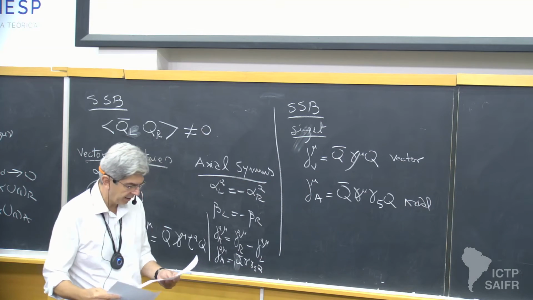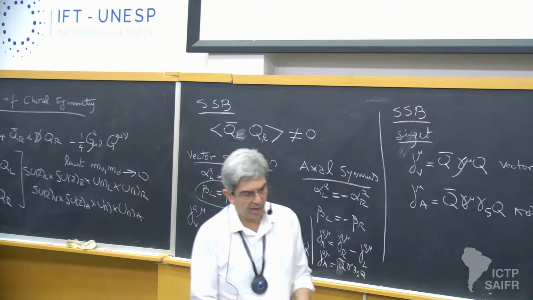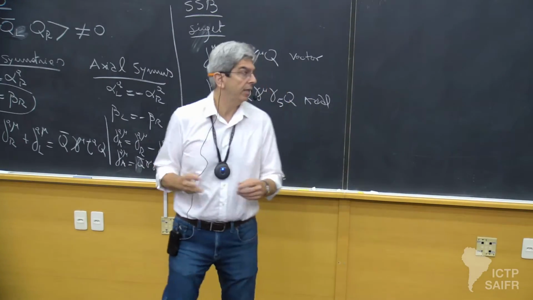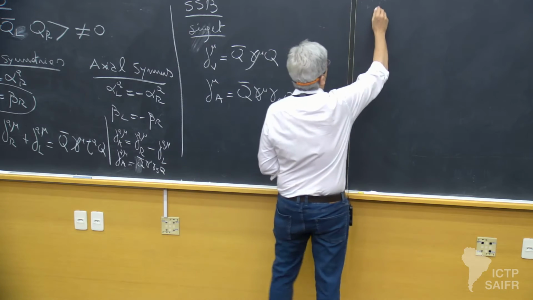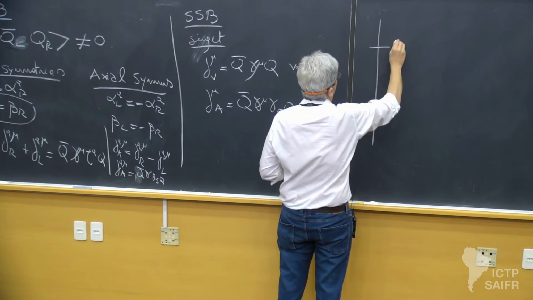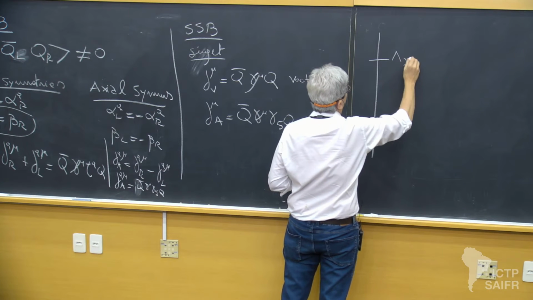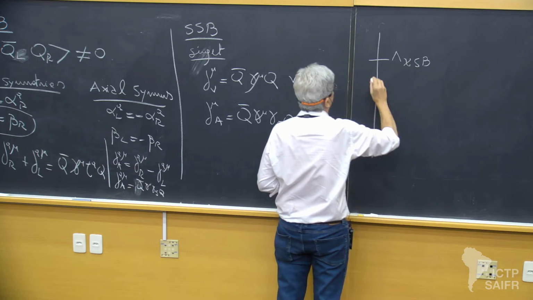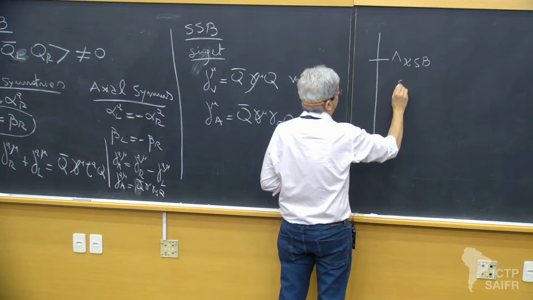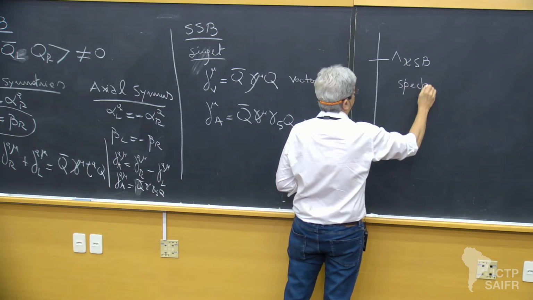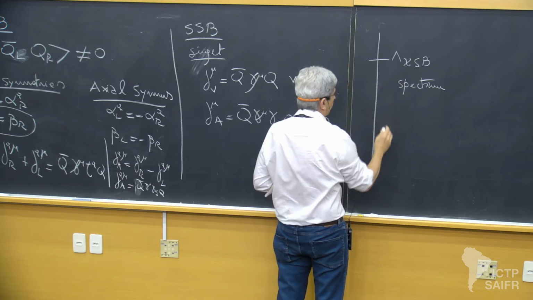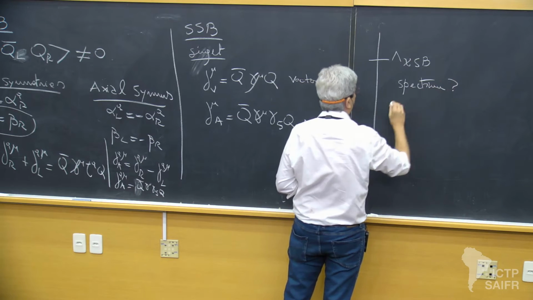And now the question is, how do we represent this in the spectrum at low energies? So something happens. Here we have some scale, the scale at which chiral symmetry is broken, the chiral symmetry breaking scale. What is the spectrum that I expect down here? Here I have quarks and gluons, but what is the spectrum down here?